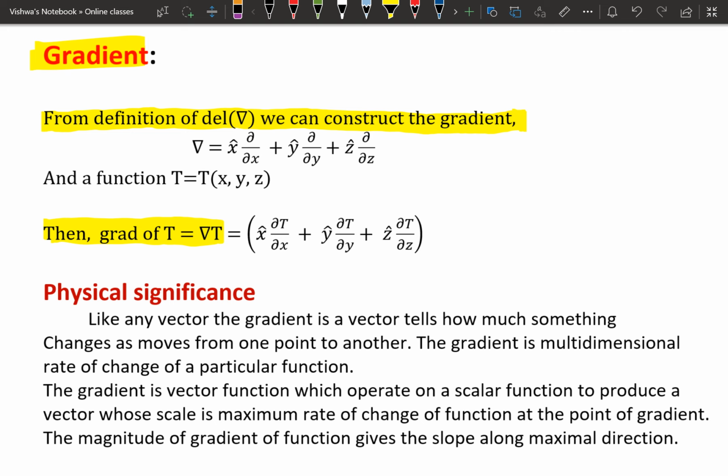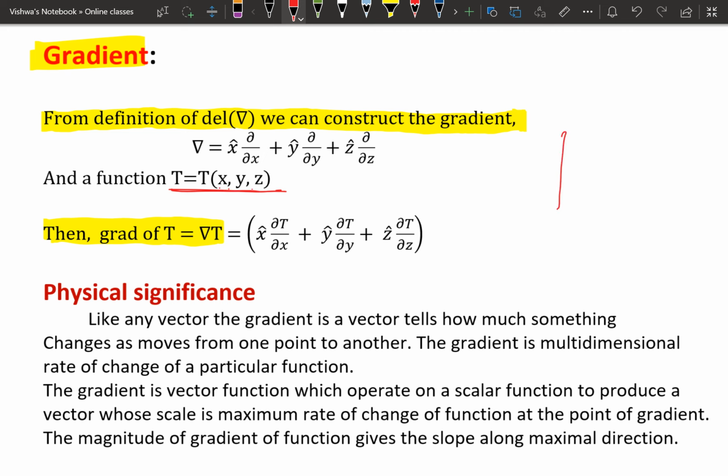Actually, what is the physical significance? What does it give? The gradient is a vector that tells how much something changes as we move from one point to another point. If we take T as a function of temperature, T indicates the temperature at position x, y, z.